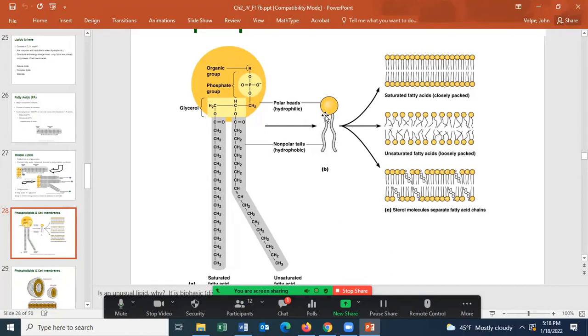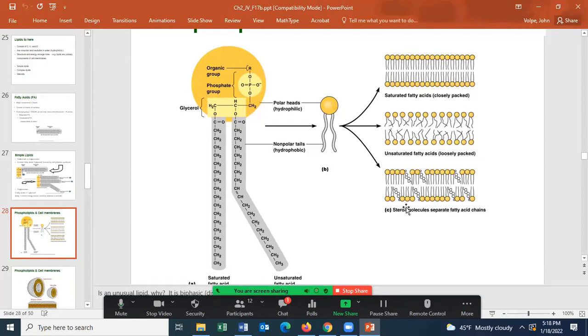And when we put these molecules together, especially when they're in water, they'll start lining up like this. That's one for humans. That's an unsaturated fatty acid, which you might find in something that lives in the Arctic or in certain bacteria, especially archaeobacteria. Although that's not in the cell membrane.